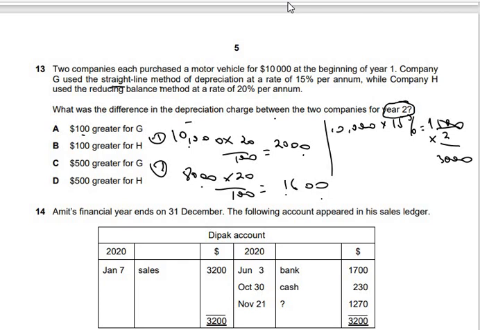So it's not the one which is greater, but the one which is greater is 100 greater for H, because H is the one which is used reducing balance method at the depreciation of 1,600, which is 100 more than actually G. Right.